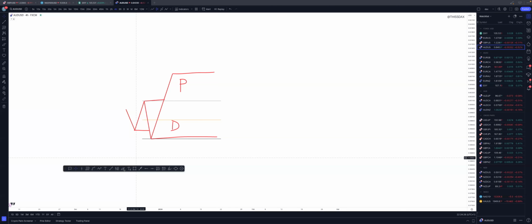Now, whatever happens here, I don't want to trade it. It's liquidity to me. This is where my entry will be. Whatever happens here, in case price comes here and goes above, I don't care. To me, it is liquidity. This is only the zone where I want to take my trade from.